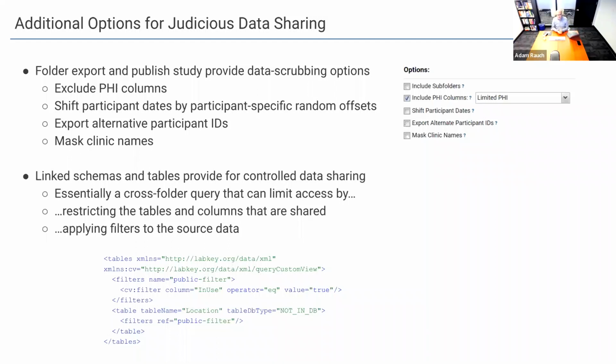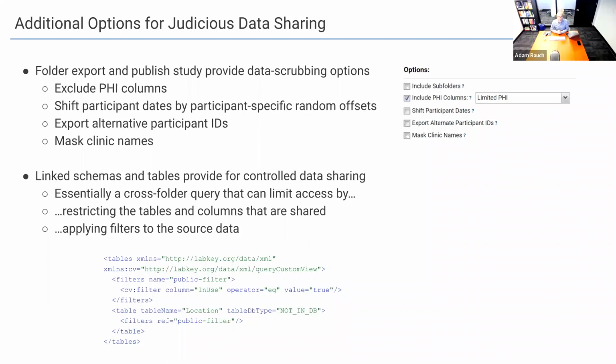The folder export import mechanism is a very powerful way to share data. You might share data with another LabKey server, or with another project on LabKey. Publish study is used typically to create a snapshot of a study, subsetting that study in a variety of ways based on visits or participants or timeframes or other interesting slicing and dicing.